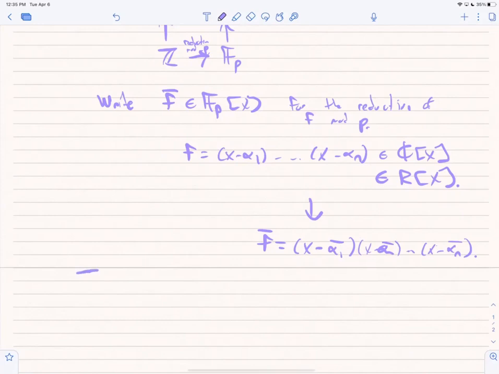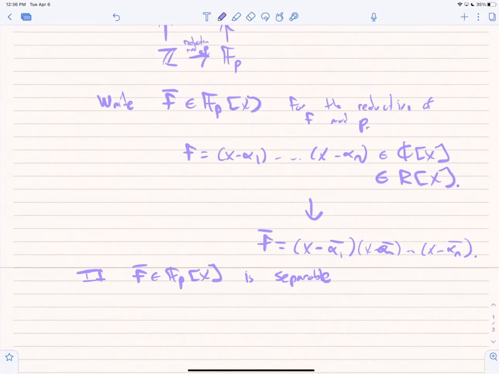So f bar is some polynomial in F_P[x]. So if this polynomial is separable, so I knew f was separable, but of course when you reduce mod P, you might not still be separable.